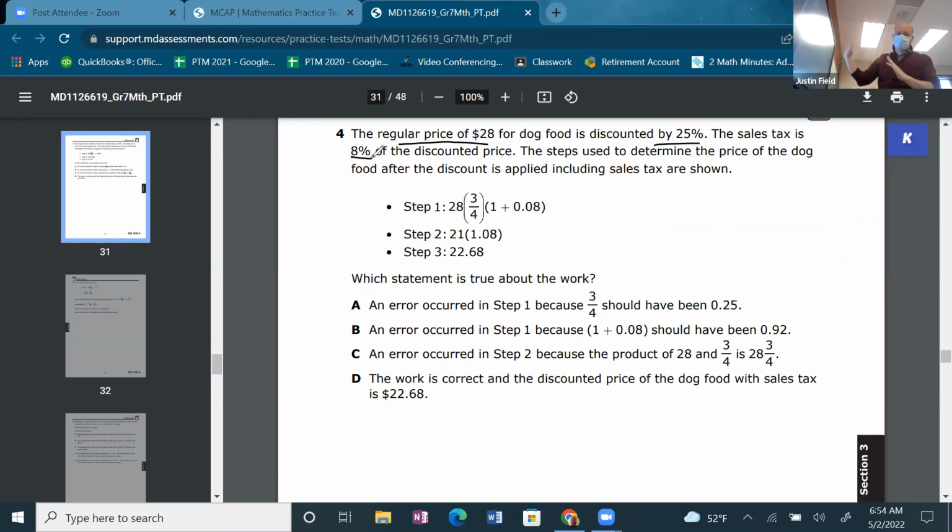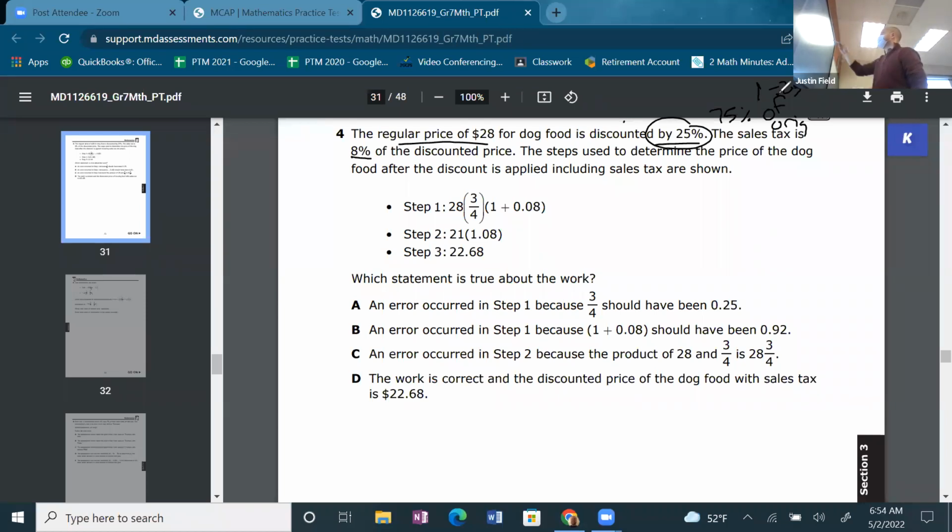So before I look at the choices, let me just understand the work for myself. If it's discounted by 25%, that means it's 75% of the original, right? Or 1 minus 25.